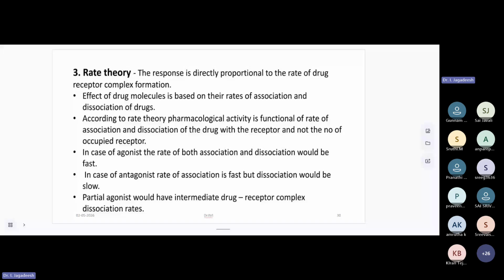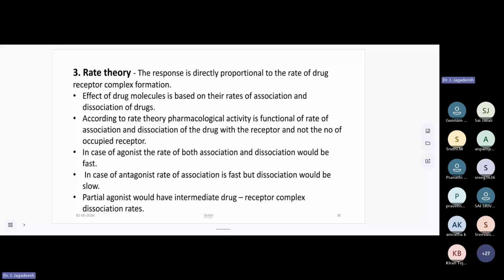That is the reason it is acting as an antagonist. Where association and dissociation are both fast, we have the agonistic effect, whereas a partial agonistic effect has intermediate complex dissociation rates, between the first case and the second case.